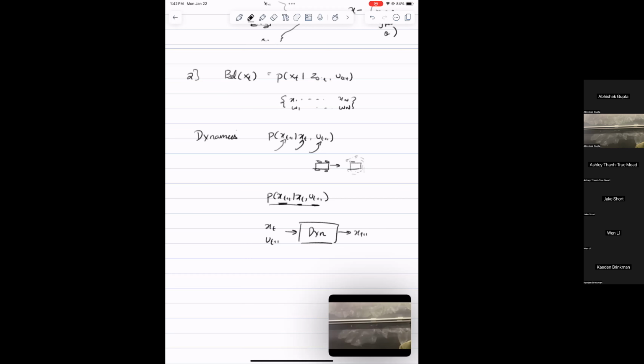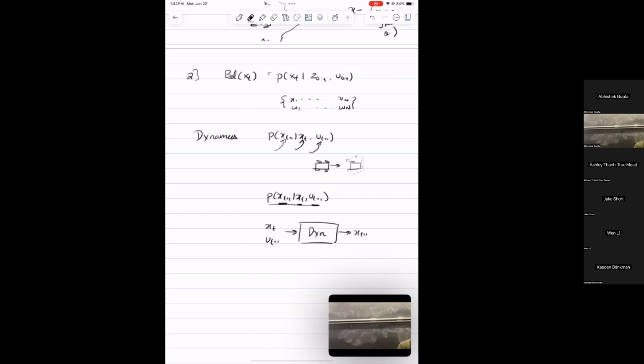The simplest way to think about this is deterministic. If your state is here and you apply an action going to the right, your next state is to the right. The slightly more complicated version is when it's stochastic. Then this function can also have some noise.